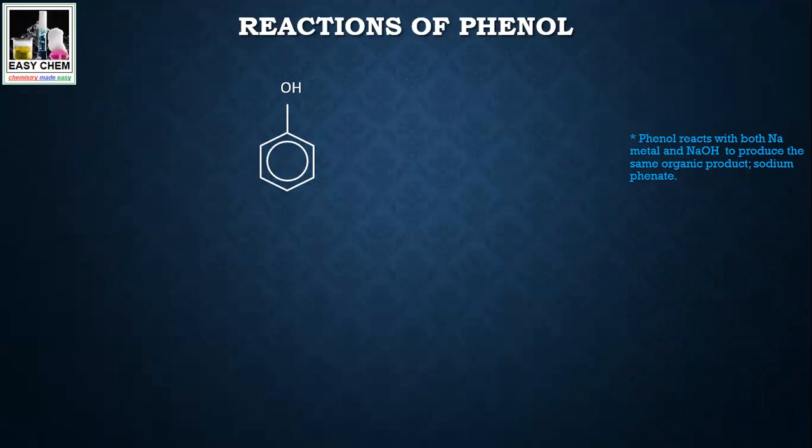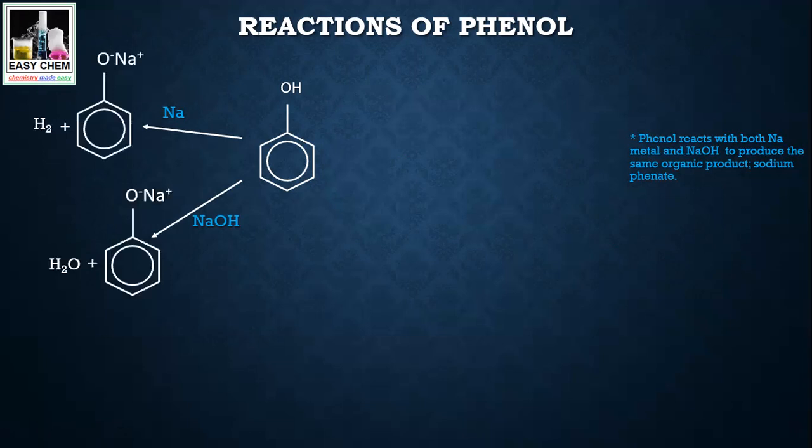Because it's acidic, it can react with both sodium hydroxide and sodium metal. If it reacts with sodium or sodium hydroxide, the same organic compound is produced. In addition, with sodium, you can see hydrogen gas production. When you add sodium hydroxide, you have water molecules coming out. It's more of an acid-base reaction.